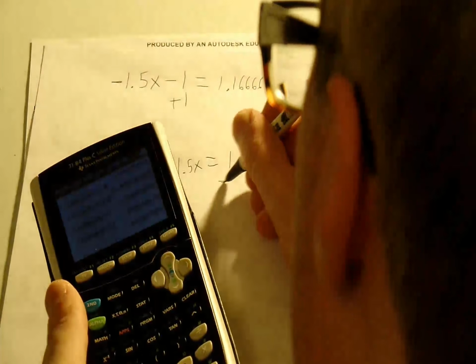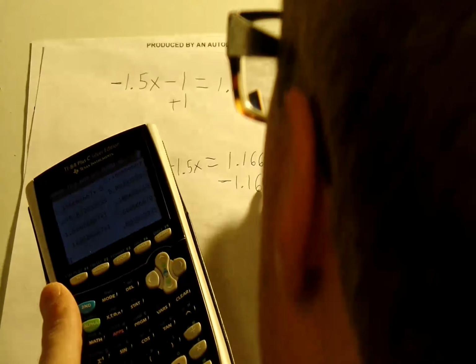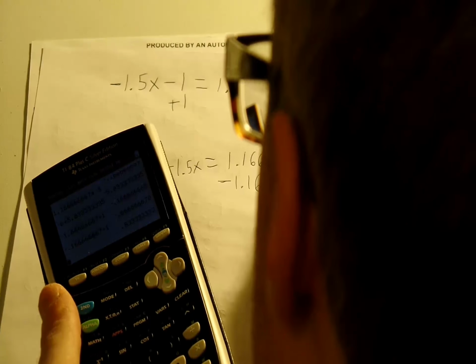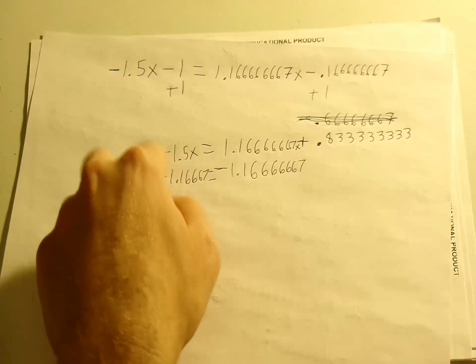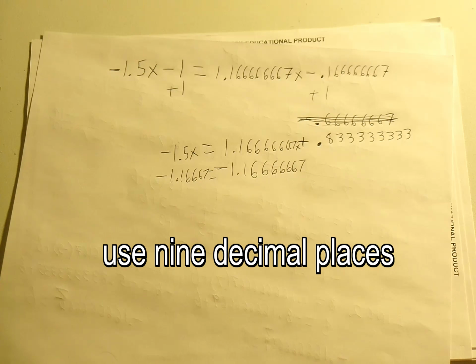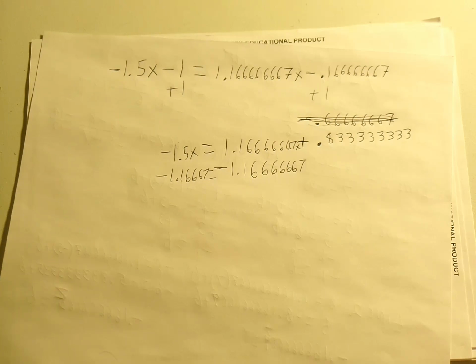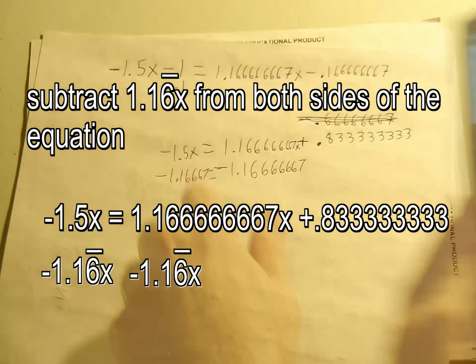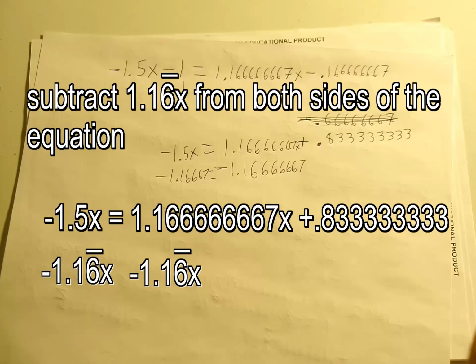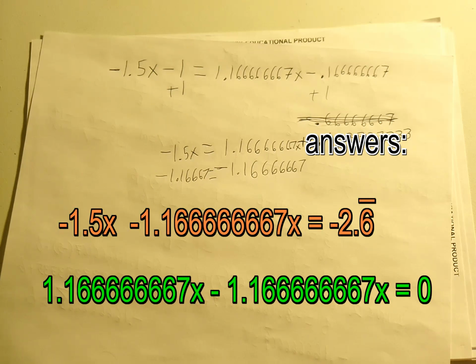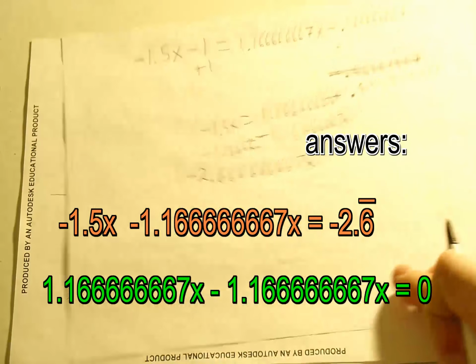Okay, so we get negative 1.5x equals 1.166666667x plus 0.83 repeating. So now we're going to move the x to the one side, and we're going to subtract the 1.166666667 from each side.